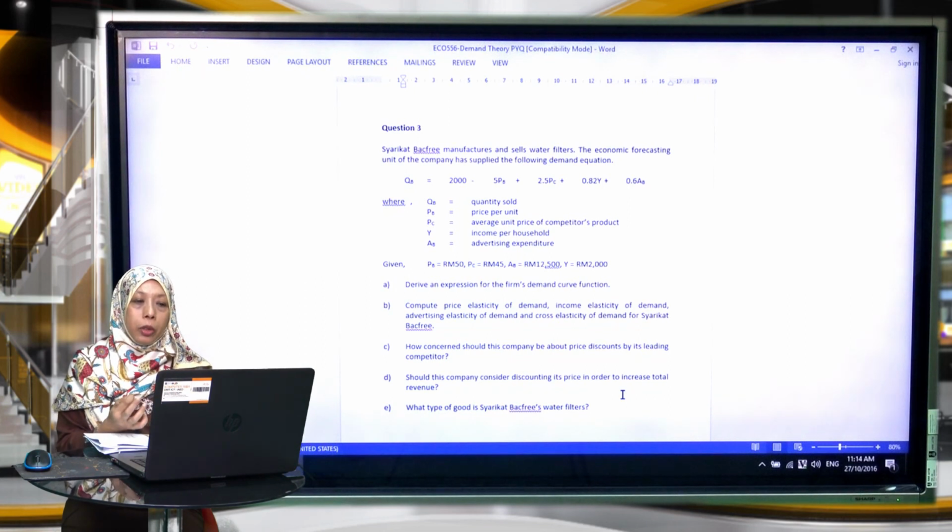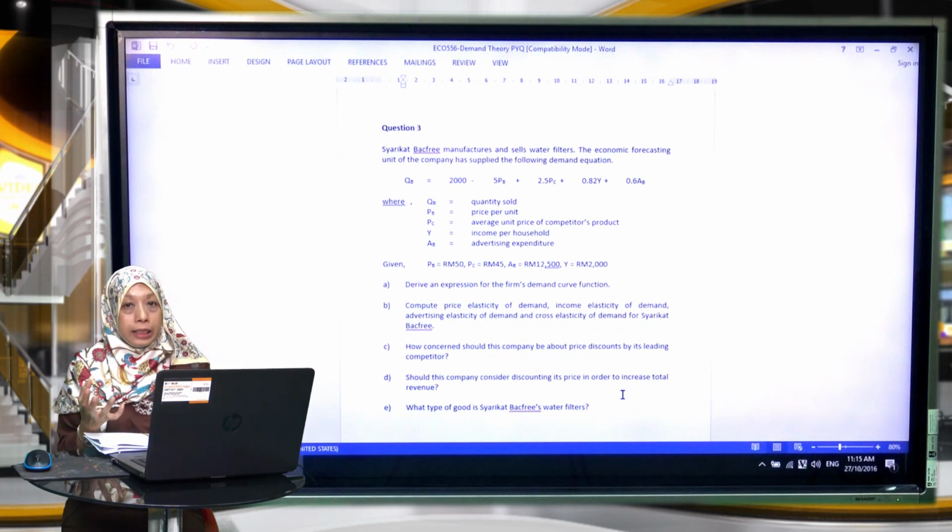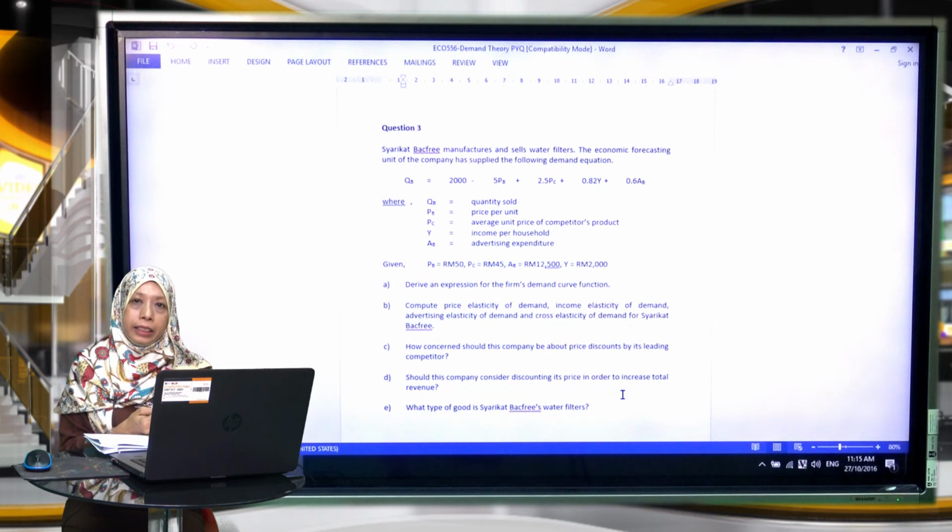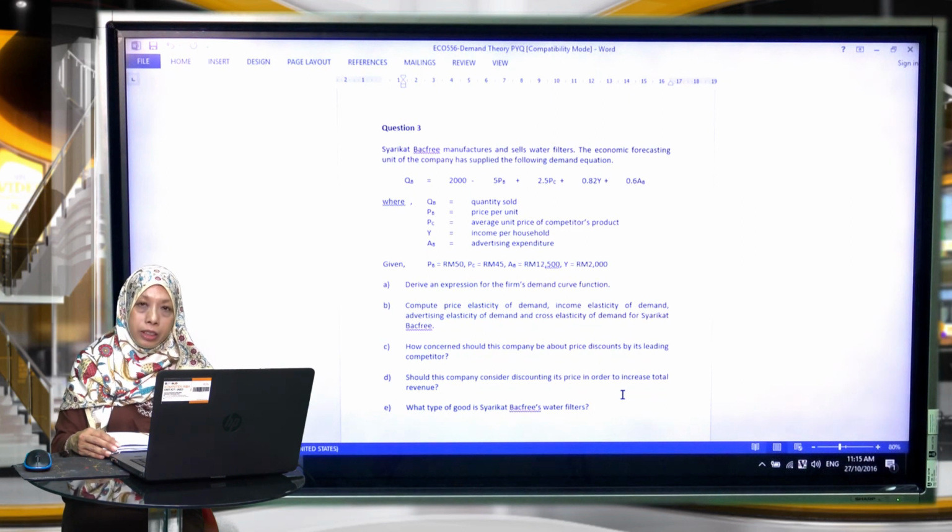I hope that by now you not only know how to use the different point elasticity formulas to calculate the different types of elasticity of demand, but the most important thing, you know why we calculate each type of elasticity. In the next lecture, we're going to look at estimation of demand function or demand estimation.